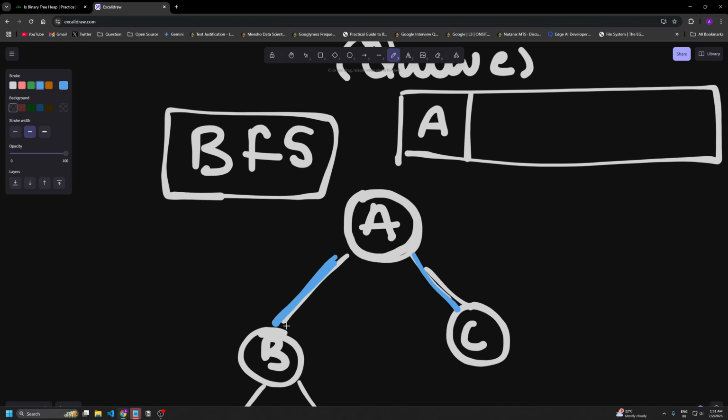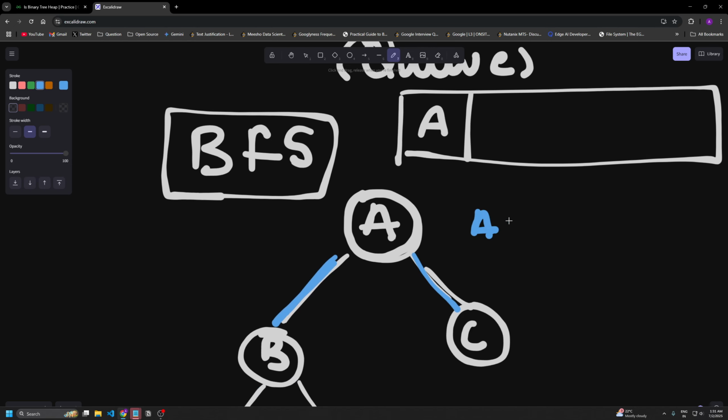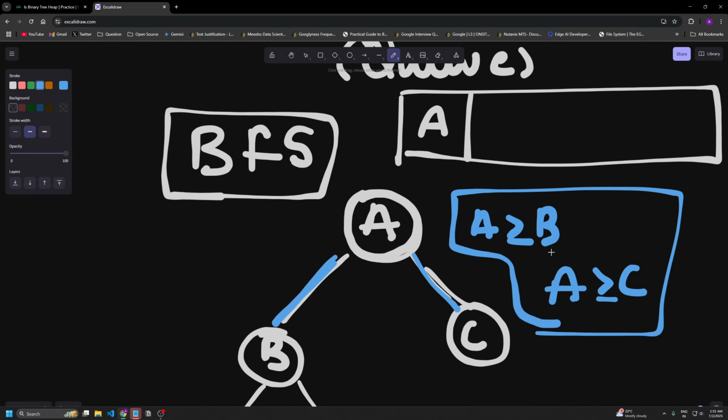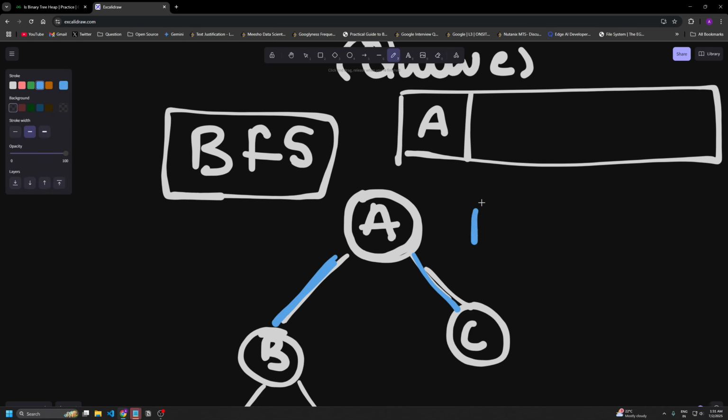And what you have to eventually do is check if A is greater than or equal to B and if A is greater than or equal to C. Eventually you have to check this thing, right? And let's say that this thing is satisfied, then we're going to keep on adding the elements in the queue. At any given point, if this rule breaks, then what we have to eventually do is return false.